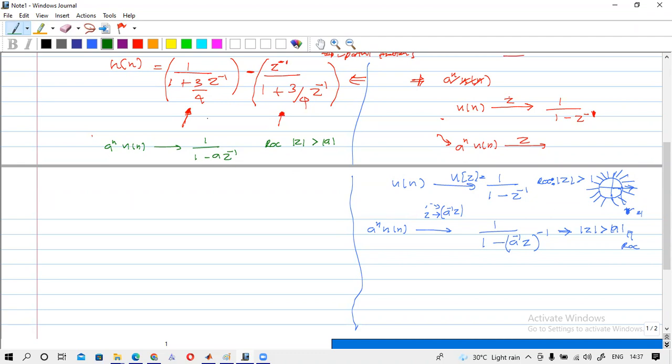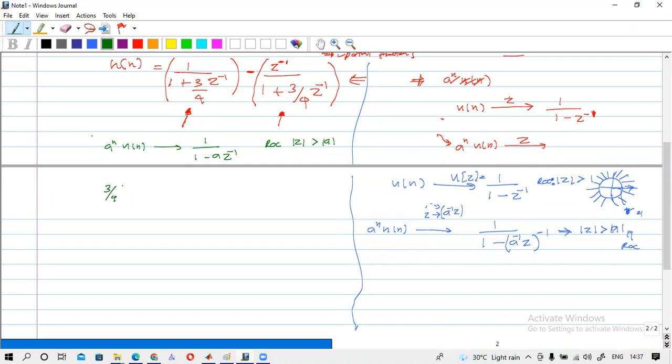Okay. Now I have to get... Okay. So you can see that this is very much equal to this one. The only thing is the minus sign here. Okay. So if I get (3/4)^n u[n], what is my Z transform?